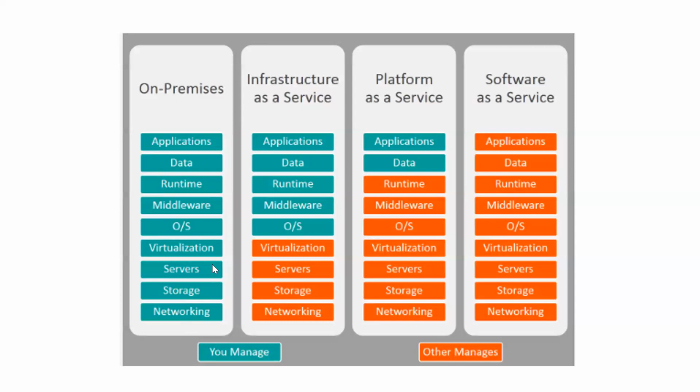Servers are required. Virtualization is required. Operating systems are required. Middleware is required. Runtime, data is required. And the topmost thing is the application. When my application is ready, then I can fulfill my requirement.